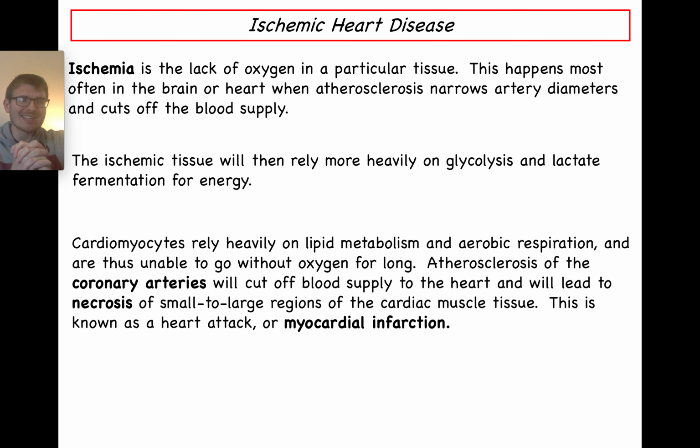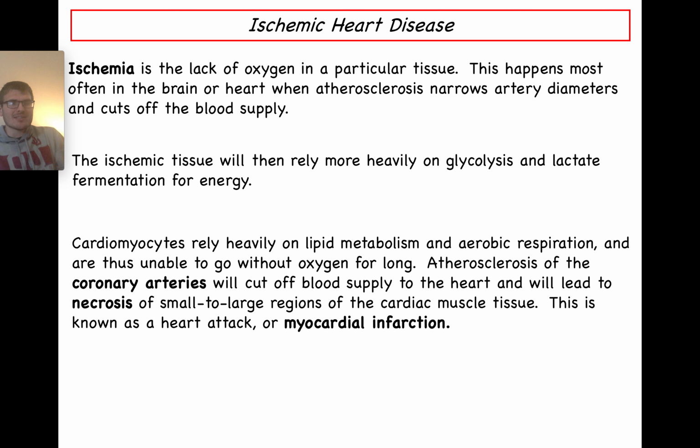So cardiomyocytes are going to be a little bit different. Cardiomyocytes are going to rely heavily on lipids for their energy. They can't really rely too much on carbohydrates, glucose, or a stored up supply of glycogen. So we don't really have that available to us like we had with skeletal muscle. And cardiomyocytes are desperately reliant on aerobic respiration.